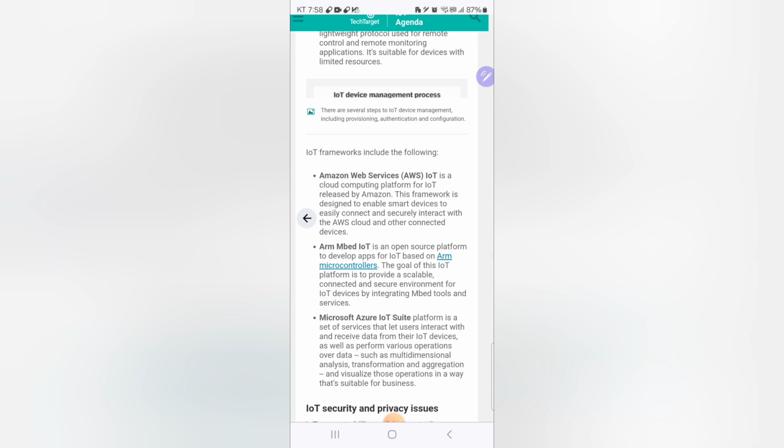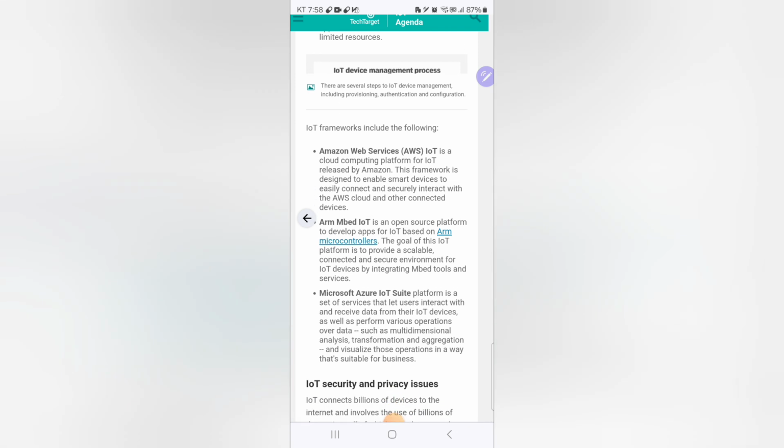IoT frameworks include the following: Amazon Web Services, AWS IoT, is a cloud computing platform for IoT released by Amazon. This framework is designed to enable smart devices to easily connect and securely interact with the AWS cloud and other connected devices.